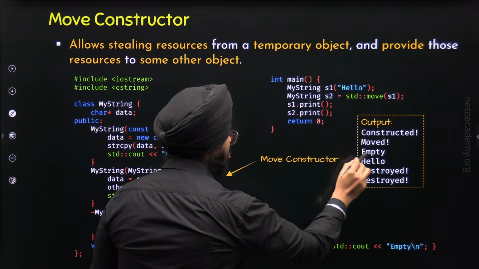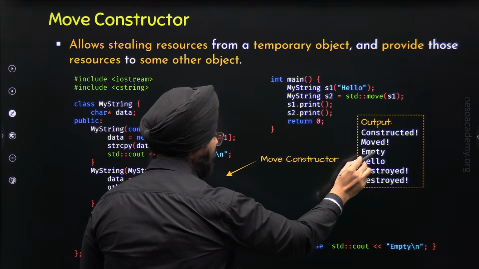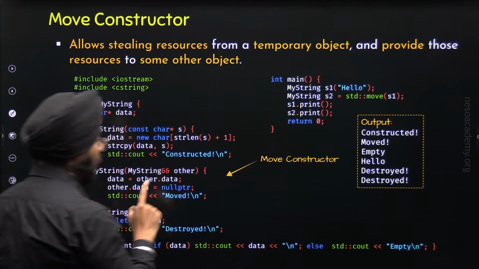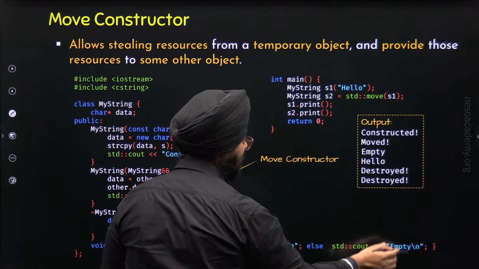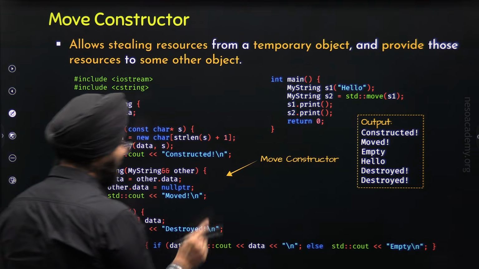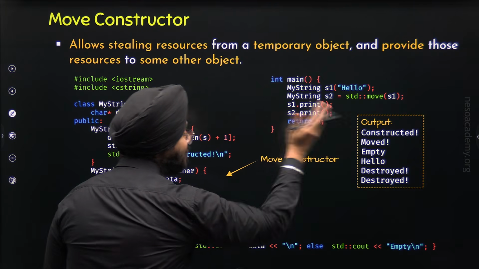After this, empty is displayed and hello is displayed. We are getting empty because of S1.print. We know S1.data is a null pointer. That is why we are seeing empty as the result. And because S2.data is pointing to the string hello, hello is displayed.